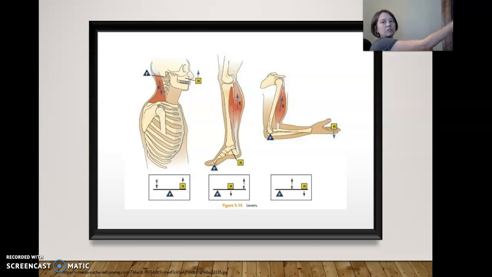When you lift your hand up, the weight is on the outside, my elbow joint is there, and it is this muscle on the other side that is creating the effort. So that is how the musculoskeletal system functions.